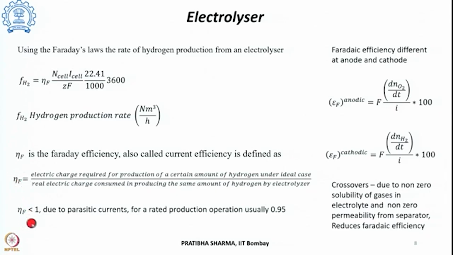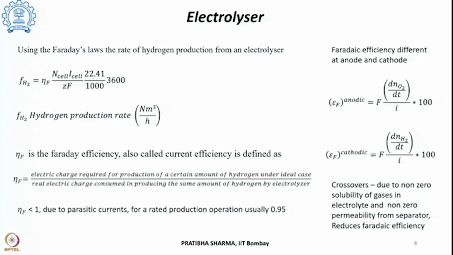So, its value is less than 1, and the reason for this is that, as compared to the ideal situation, the amount of energy consumed is always higher in actual practice. This is less than 1 because of the presence of different parasitic currents.